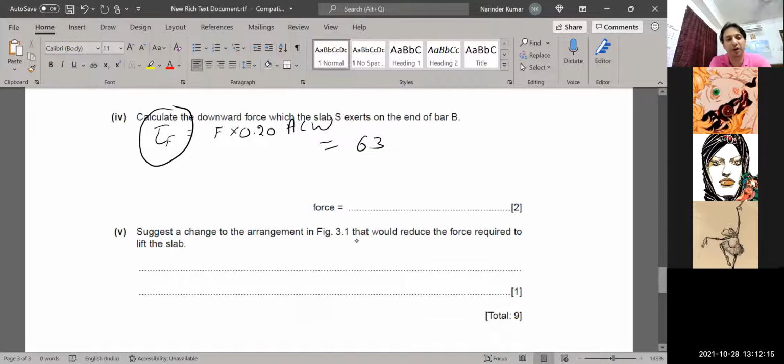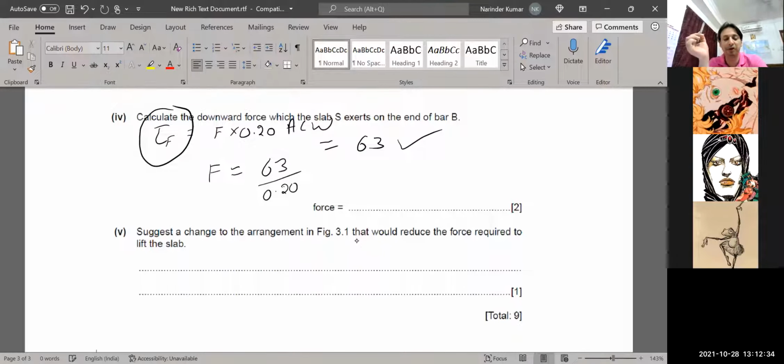So I will equate the moment of force on the left-hand side, in the anti-clockwise direction, with the total moment in the clockwise direction. I will be able to get this unknown force: 63 divided by 0.20.